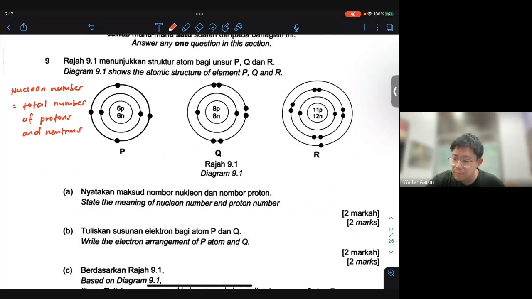And then the proton number is equivalent to the total number of protons in the atom.